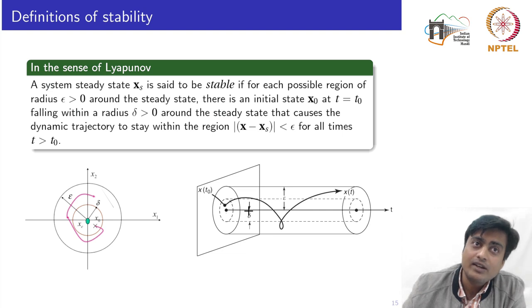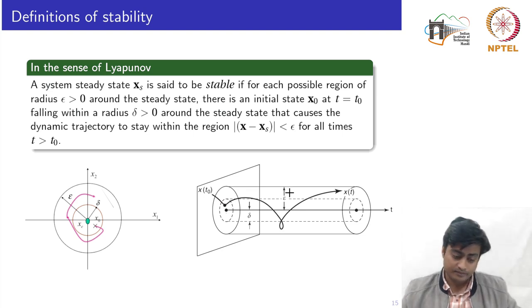Okay, so this is the same phenomenon which we had seen in the simple pendulum example, that if I am trying to see at the steady state xs, or theta is equal to 0, the same kind of motion I am going to see. But if I am trying to visualize this definition at theta is equal to pi, it would certainly leave the outer cylinder with radius epsilon.